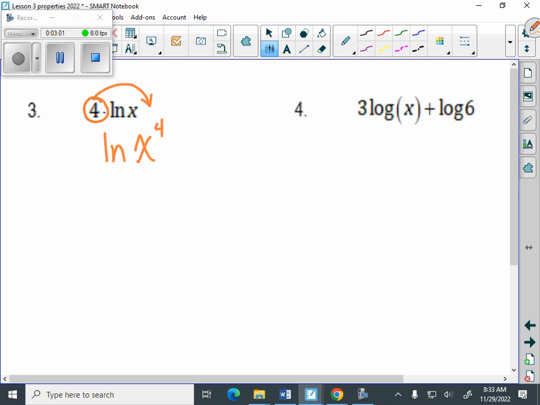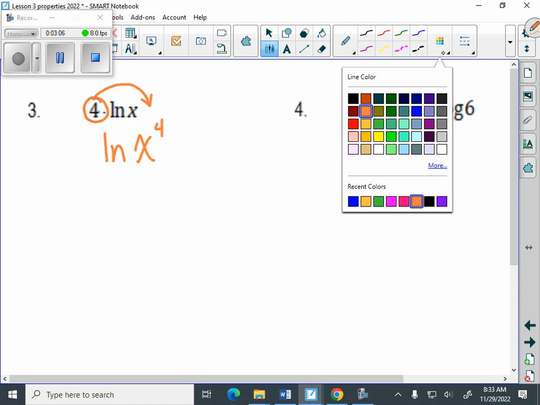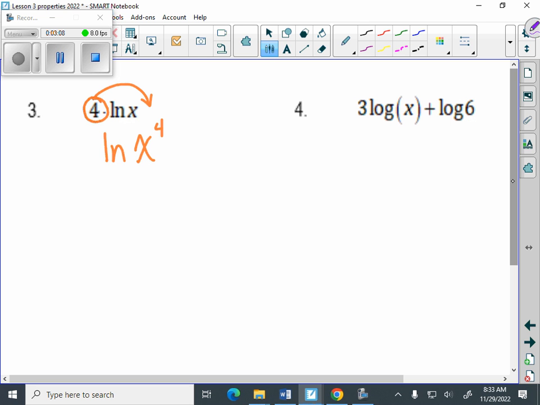Having seen problem number 3, let's look at problem number 4, which also has that same idea. When we have a coefficient on our logarithm, we're going to make it an exponent. So we'll start there, and this is going to become the log of x cubed plus the log of 6.